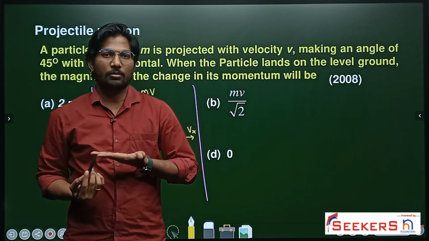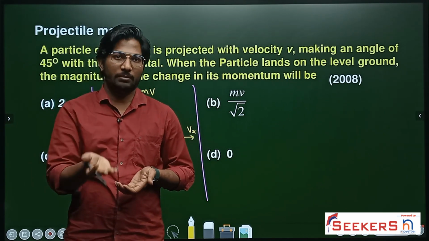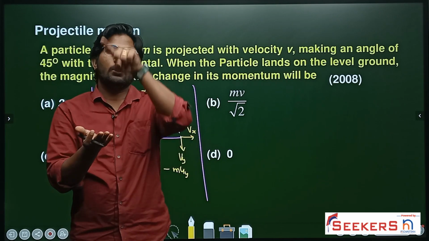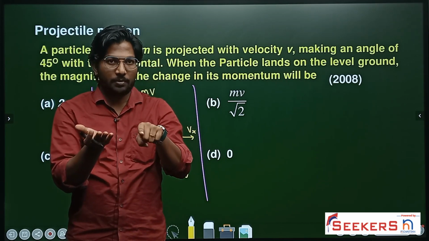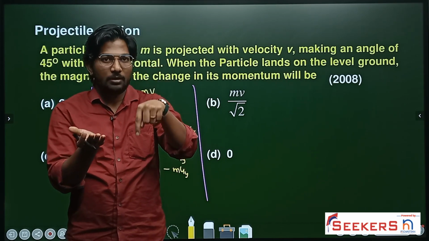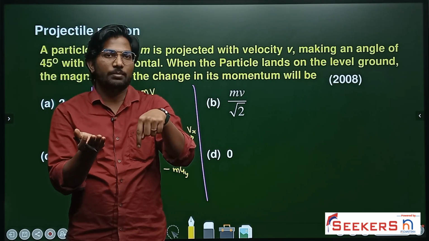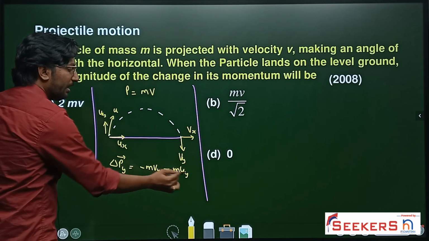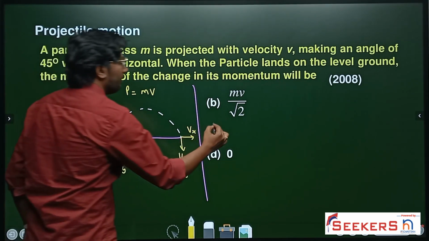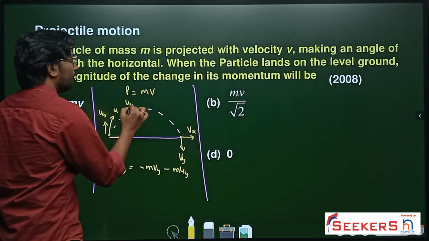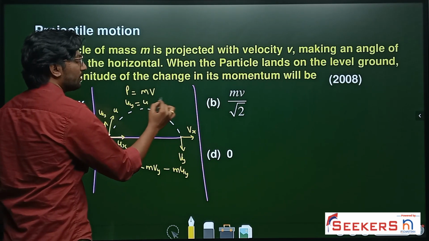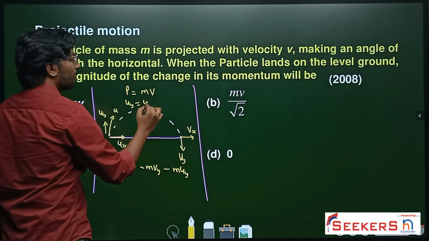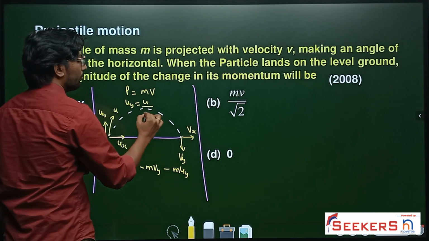I repeat it. When you project something up with 10 meter per second velocity, it goes up and comes back to the same point, and it will move down with the same velocity 10 meter per second but in the downward direction. So vy and uy have the same magnitude. Here uy value is u sin theta, and sin 45 is 1 by root 2.